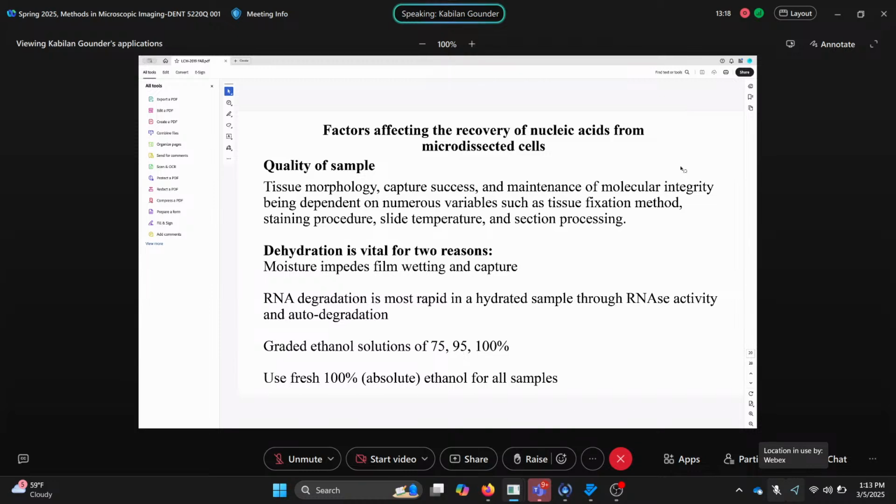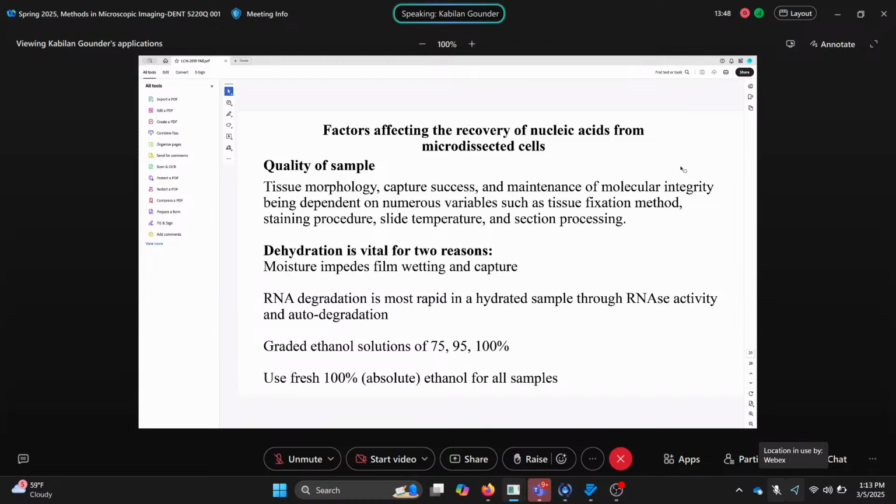As we mentioned earlier, when you enable the laser beam, it will melt the polymer caps, which are thermolabile. Once the laser generates heat, that will melt the polymer, and the melted polymer sticks onto the sections. Then you can pull it out.